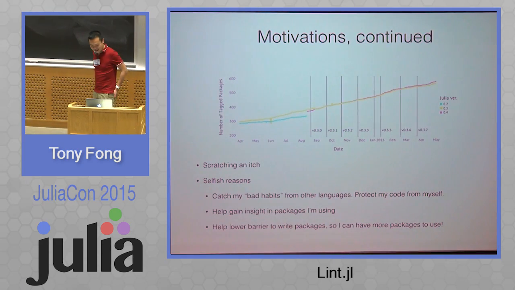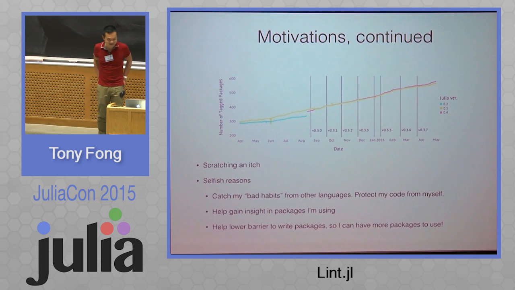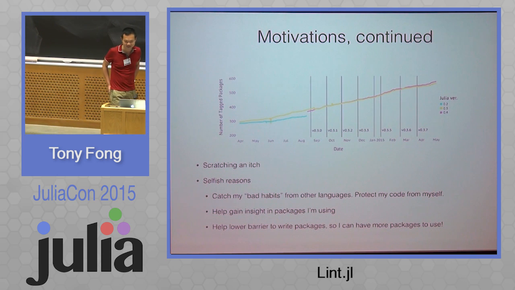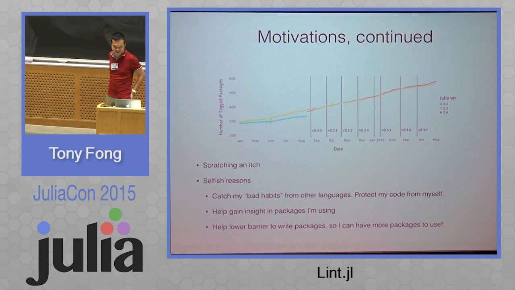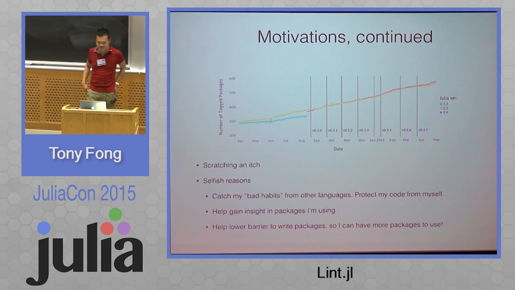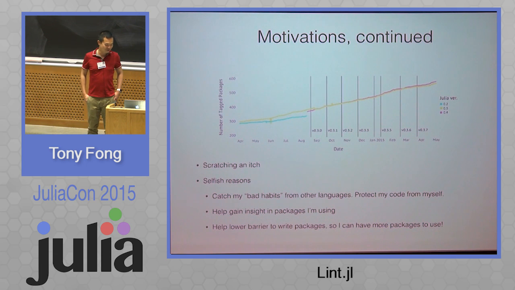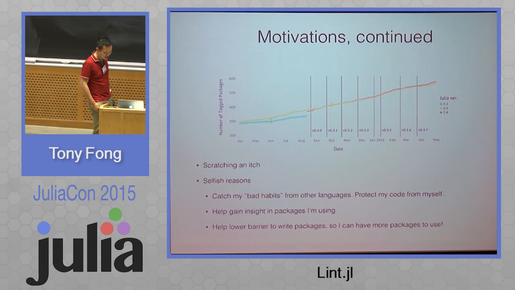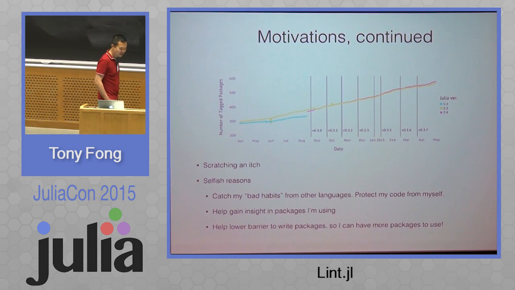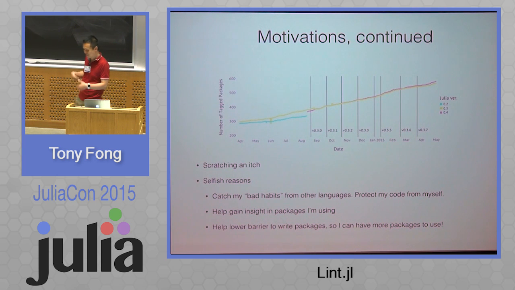So as I mentioned, it's scratching an itch. I think it has a lot of selfish reasons. Looking at the number of packages in Julia, it's been growing quite steadily. Is it exponential? I'm not so sure it's exponential. Is it a good thing to be exponential? I'm not entirely sure of that myself. But certainly, it's a good thing it's growing. And now that I have a Lint package, I can check my bad habits.